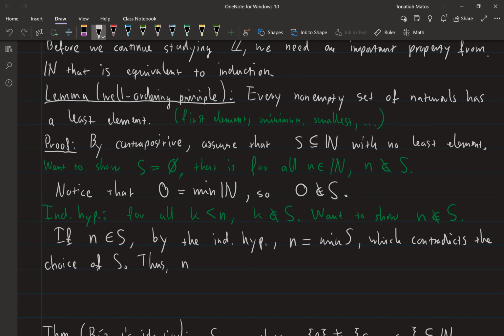So this is not true. So n cannot be in S. So by strong induction, S is empty, and we're done, because by contrapositive this implies that every non-empty set of naturals has a least element.